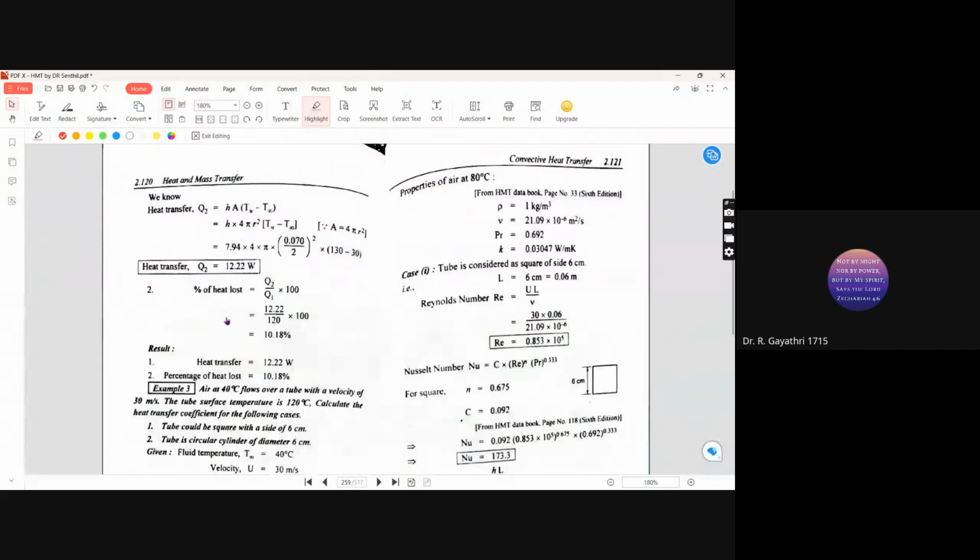Percentage of heat lost means heat loss due to interaction of air on electric bulb, Q2, upon Q1, the bulb's heat generation. The Q2 by Q1 into 100 will give us the percentage of heat lost.